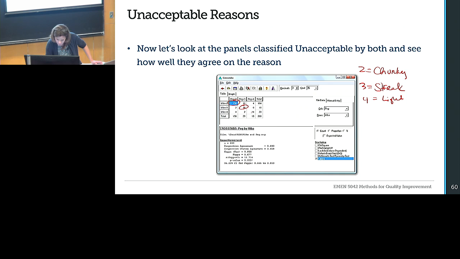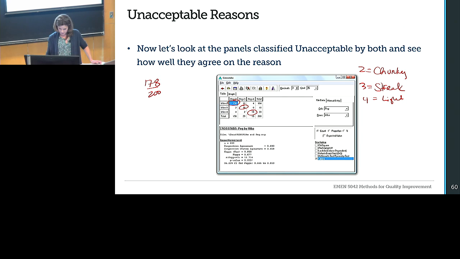Here's where they agree, right in this diagonal, correct? Okay, so 150 plus 28, that's 178. So out of those 200 that are left, they agree on 178 out of 200. So the rest is disagreement.